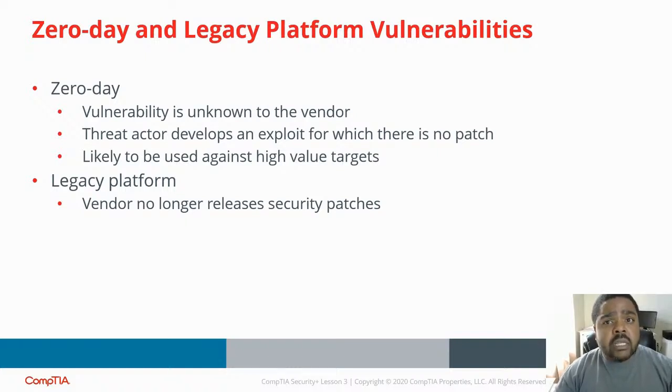Microsoft comes out with patches pretty much the first Tuesday of every month, and we want to apply those patches. Now we can go into more granular schemes of putting it in a test field, testing it out, seeing if it breaks anything, then applying the patch. But for the most part, you want to understand that patches do come out for a security reason, right? And we just need to stay up on those.